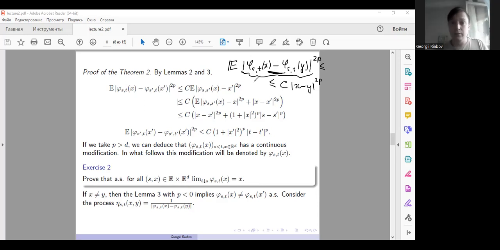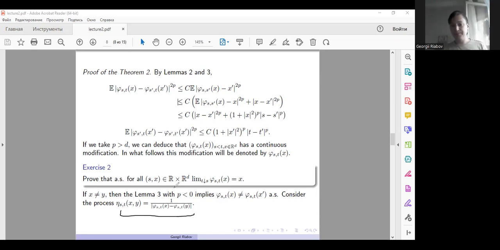And to do this, we will look at the process eta. This process is the inverse of the norm of the difference of phi. It is a process in s, t, x, and y, again when s is not equal to t and x is not equal to y.